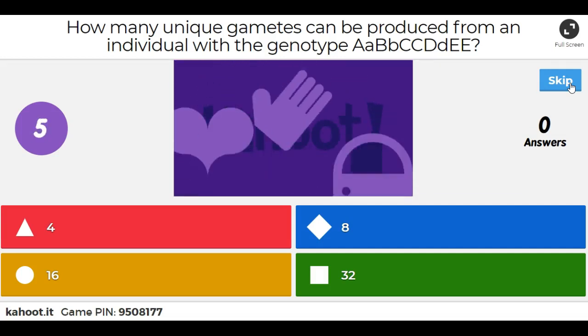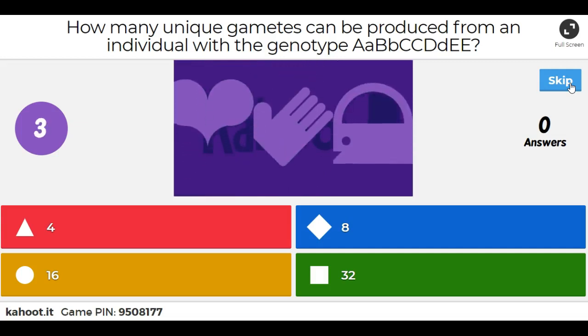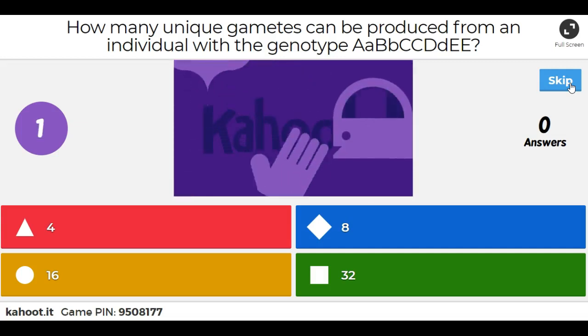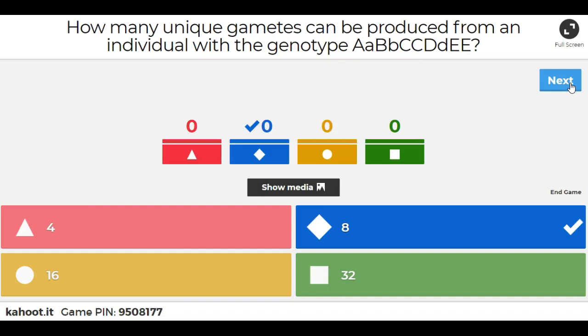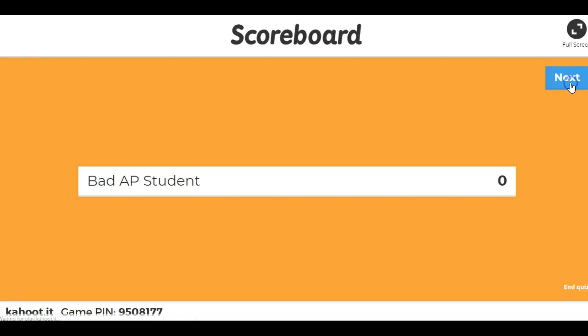About 5 seconds left. So the answer is 8 unique gametes can be produced.